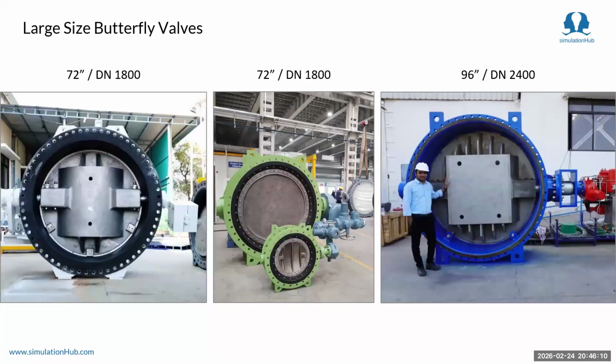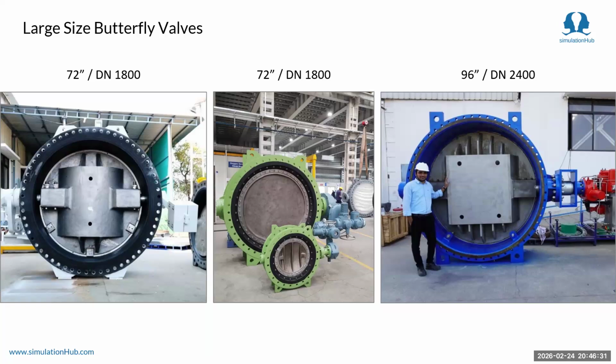I said there are some real life case studies, and this is what I wanted to show. They have been manufacturing large size butterfly valves, of size 72 inch and 96 inch. Recently they did these very large valves.